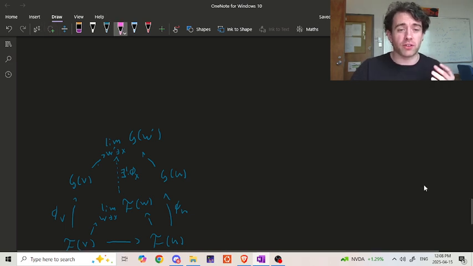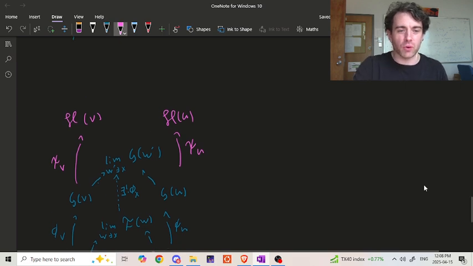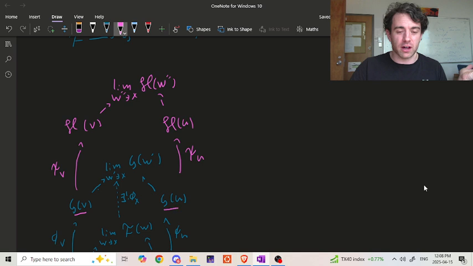Now, what I'm going to do is play this exact same game again, but with my morphism psi sub V, HV, sorry, not F, that should be H. And here will be HU, and this will be psi sub U. And of course, these map into the stalk, I'll call this W double prime, the stalk of H at X. And now by the universal property of the stalk of G, I know that there's a unique map making this diagram commute, and I'm going to call that psi sub x.